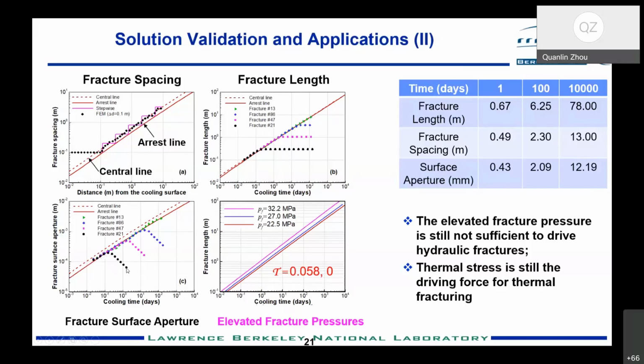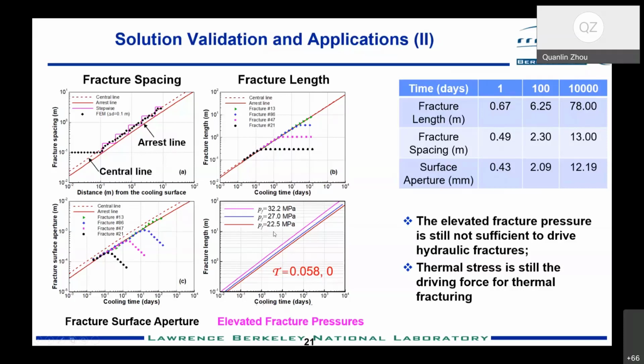This is the aperture simulated by numerical modeling. So for short-term fracture propagation, we can use our computer code to do simulations. But for long-term propagation, we can use very simple scaling laws to do the prediction.